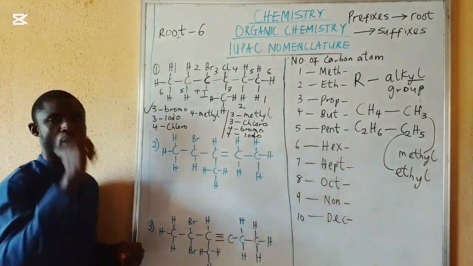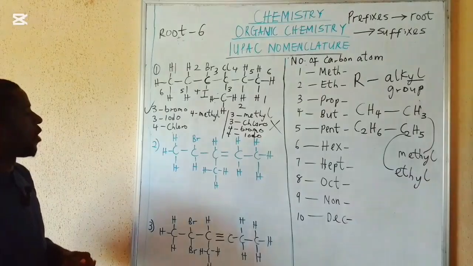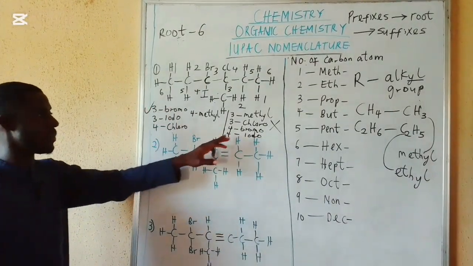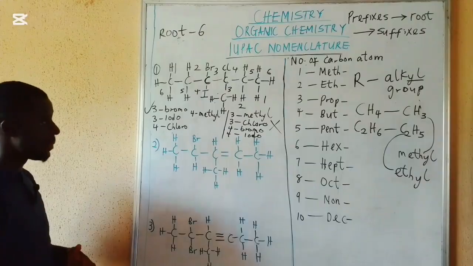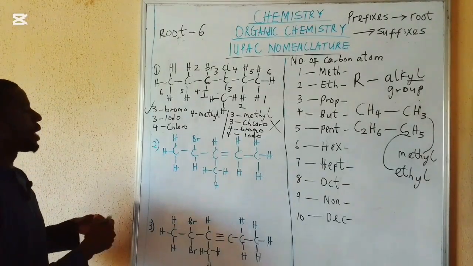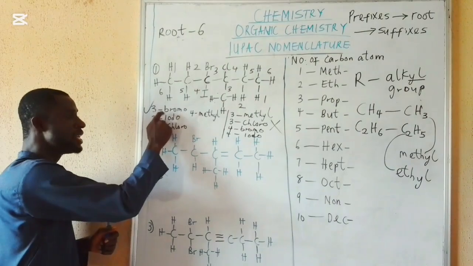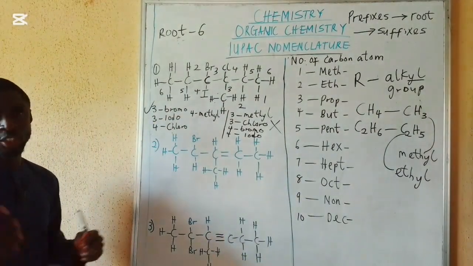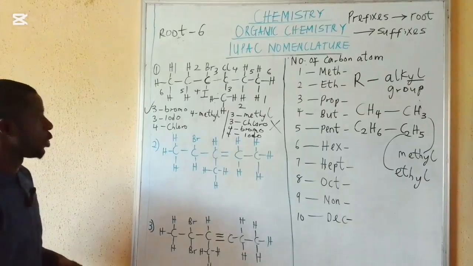So this one is going off. That is the first alphabetical order that we write when we want to name our organic compound. So we pick this one as the lowest number, because the bromo here is carrying 3 and here is carrying 4. We pick this one as our right number.